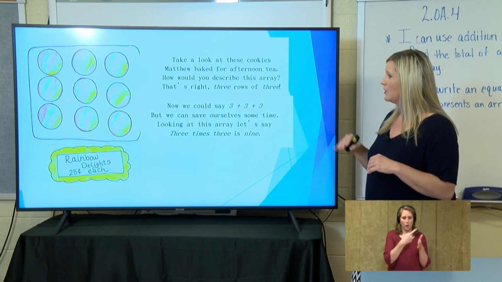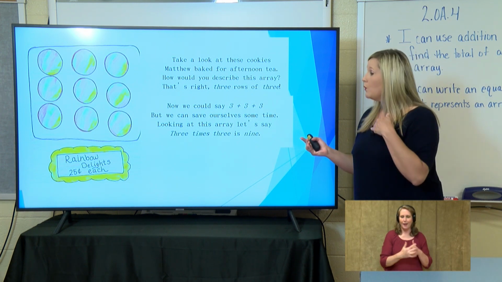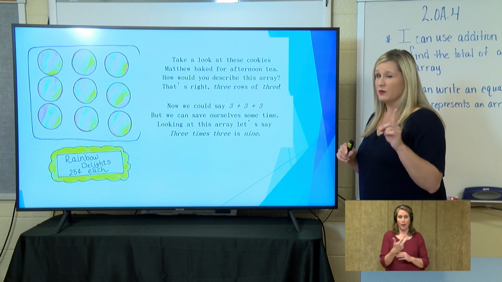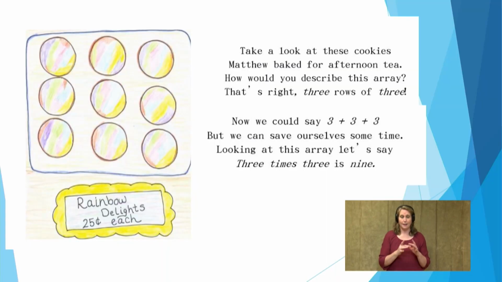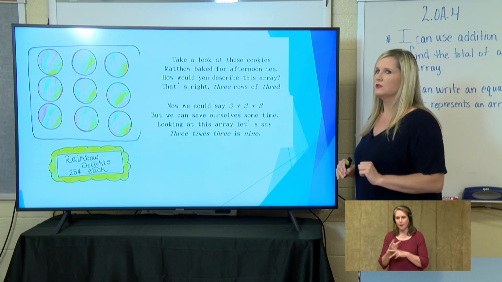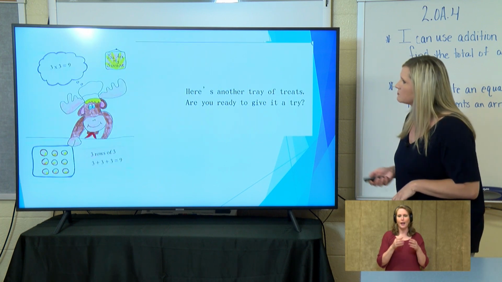So he has 3 rows of 3. Now, we could say 3 plus 3 plus 3. That's a repeated addition sentence, but we can save ourselves some time. Looking at this array, let's say 3 times 3 is 9. So that's where I was talking about that you can do repeated addition or multiplication, but today we're going to focus on that repeated addition.